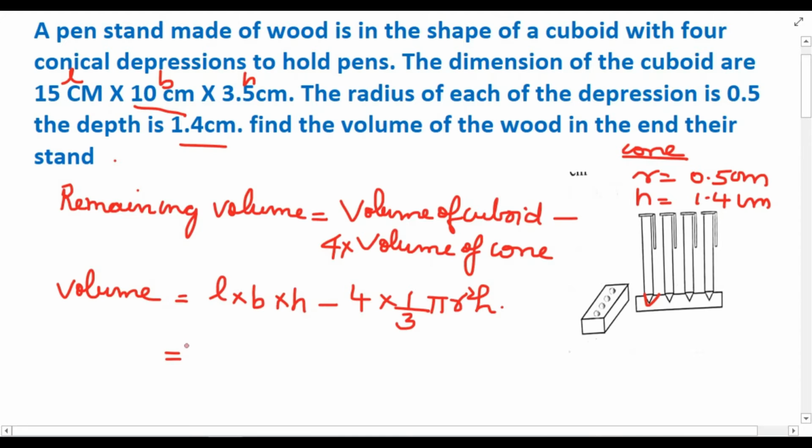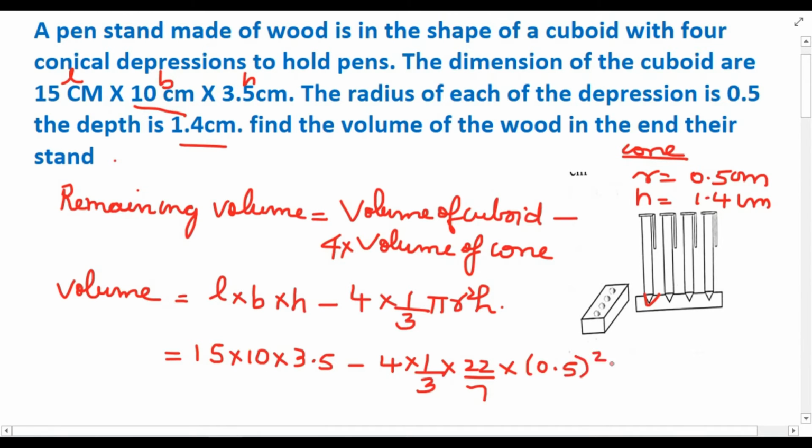So length is 15 into 10 into 3.5 minus 4 into 1/3 into 22/7 into 0.5 the whole square into 1.4.